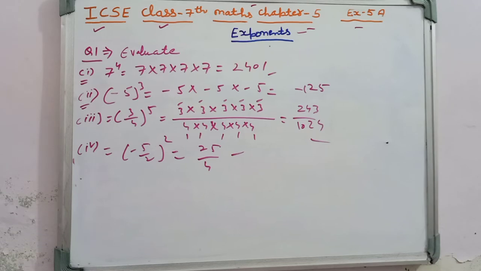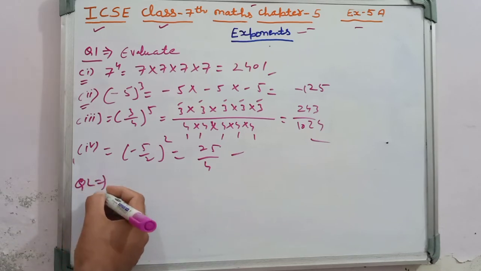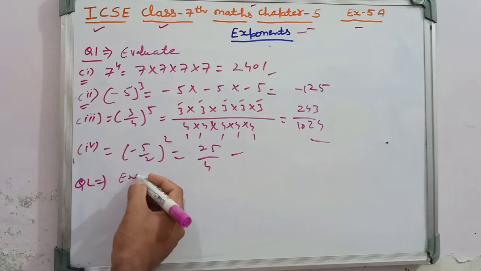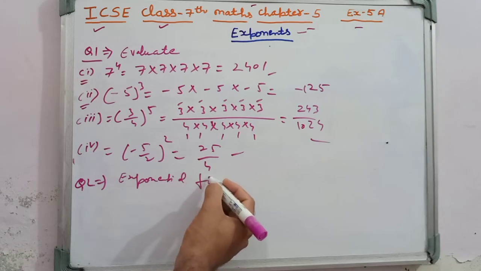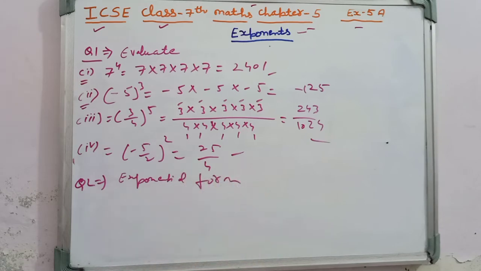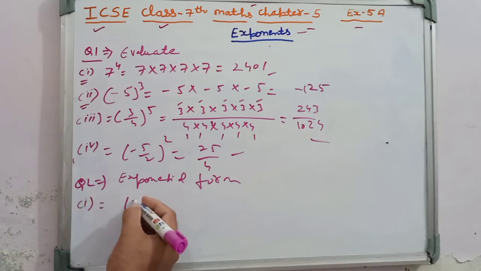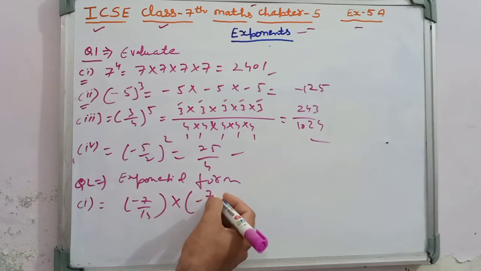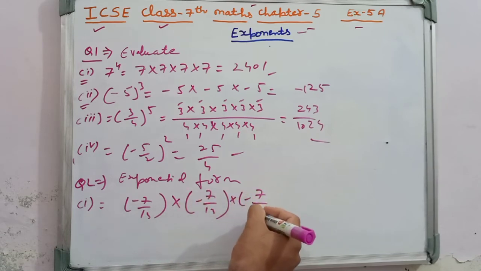Right, students? Now question number 2 is write each of the following in the exponential form. We have already done the exponential form. The first part is minus 7 upon 13 into minus 7 upon 13 into minus 7 upon 13.